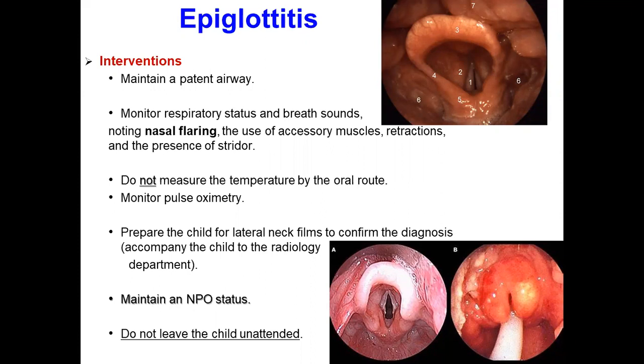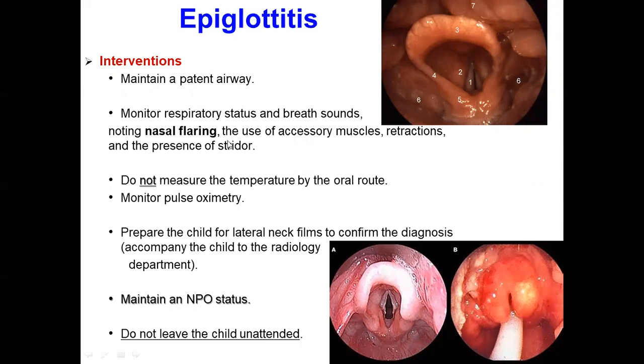It is a medical emergency. So what are the priorities? Maintain the patient's airway, maintain respiratory status, and also breath sounds.